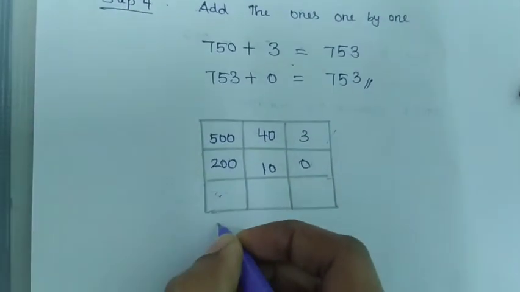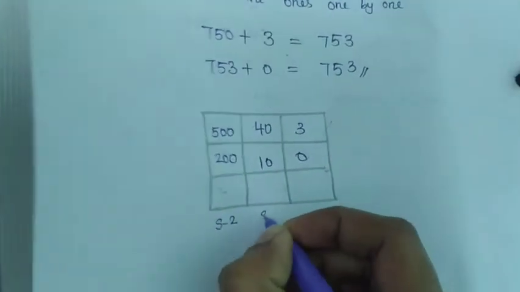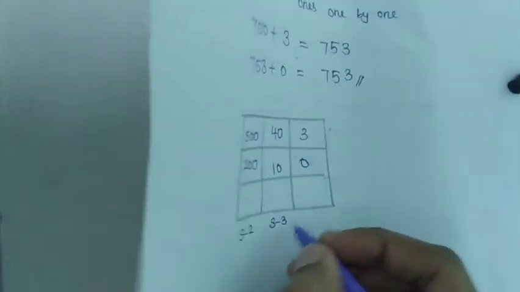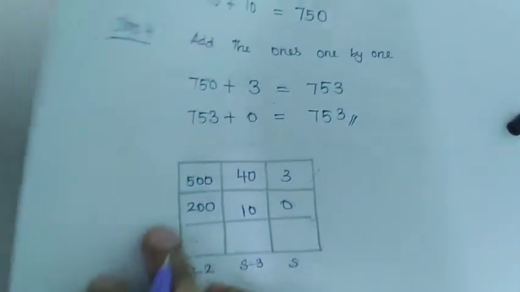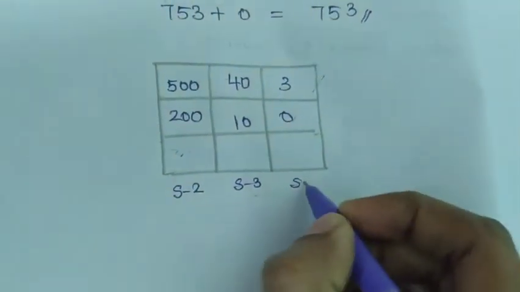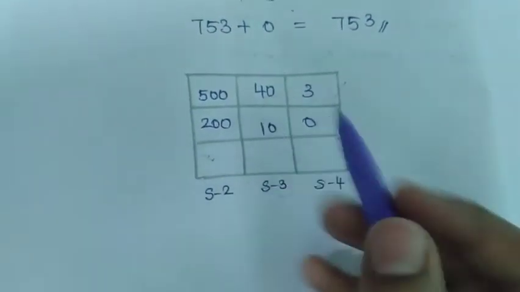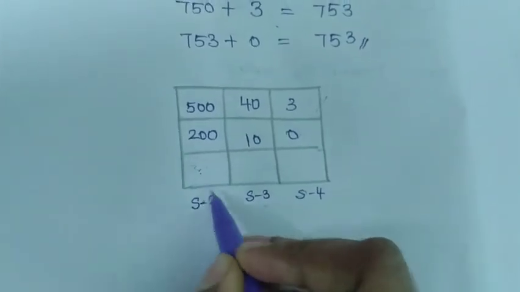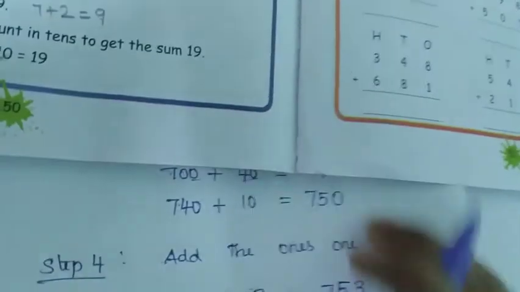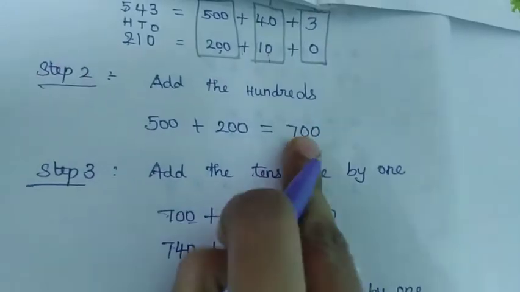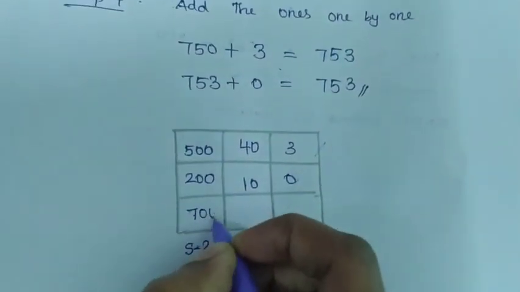So now we want to write step 2, step 3, step 4. Now what is the step 2 final answer? 700. So put the 700 here.